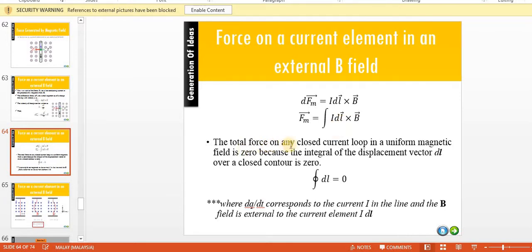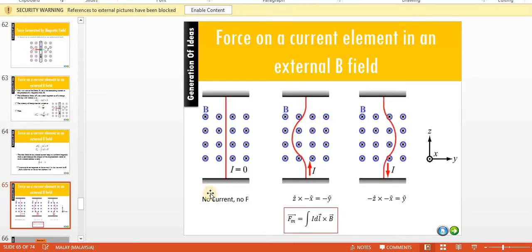The total force on any closed current loop in a uniform magnetic field will be 0, because the integral of the displacement vector dl over a closed contour is 0. So when we perform this integration, it will give us the answer of 0. So the force experienced by a closed loop current will be equal to 0.